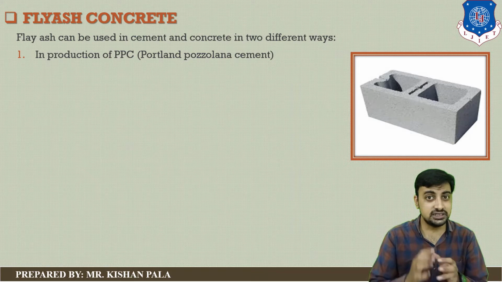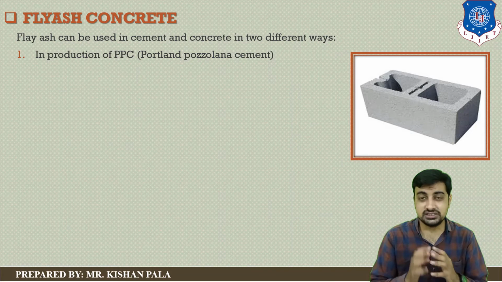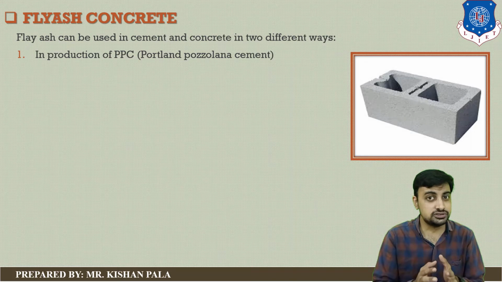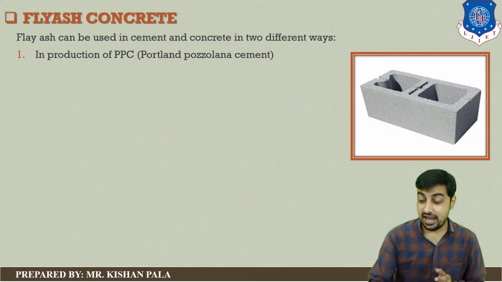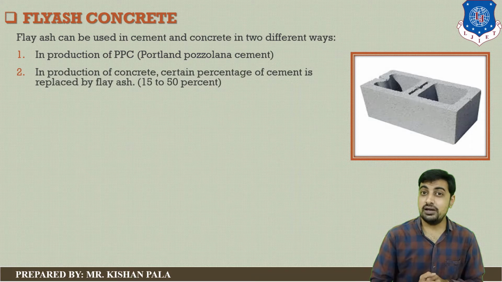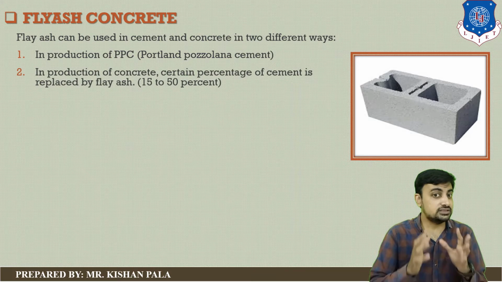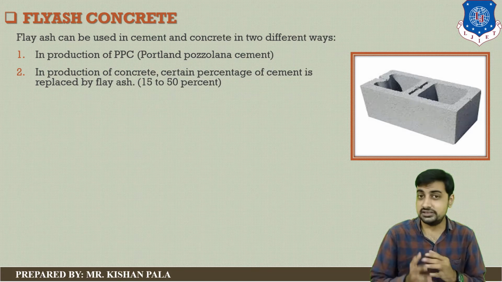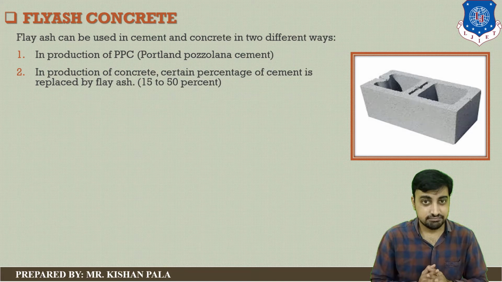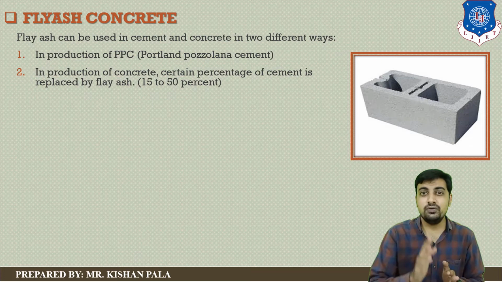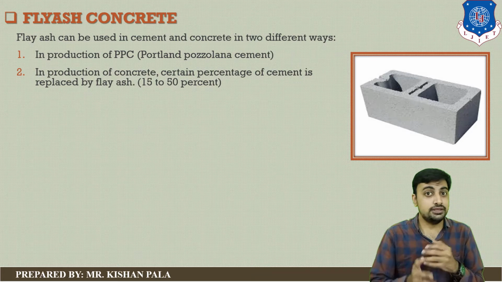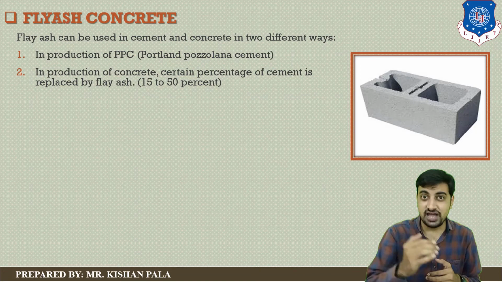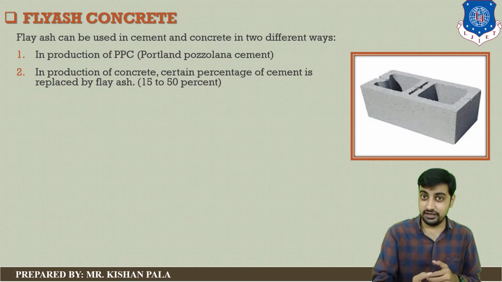We already discussed that in Portland Pozzolana cement, fly ash is used at 25 to 30 percent. The second is in the production of concrete, where a certain percentage of the cement is replaced by fly ash. It's generally 15 to 50 percent, if we classify this type of concrete based on the percentage of fly ash used in your concrete mass.